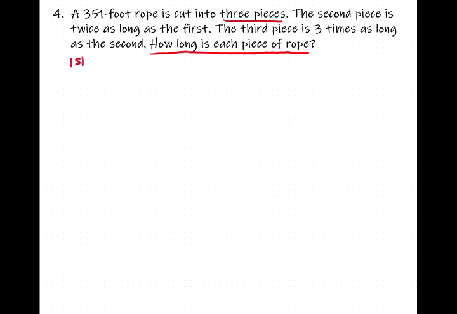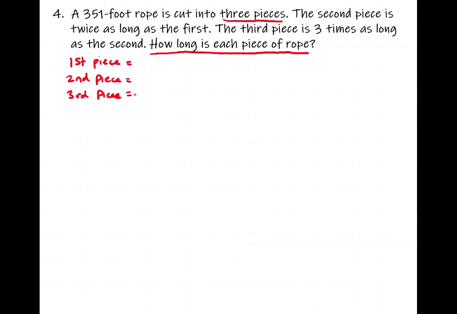So we could say the first piece, the second piece, and the third piece. Okay, so we need to give each of these a symbol. Now the symbol doesn't have to be just a single letter or single variable, but we should start with choosing one of these to call x.